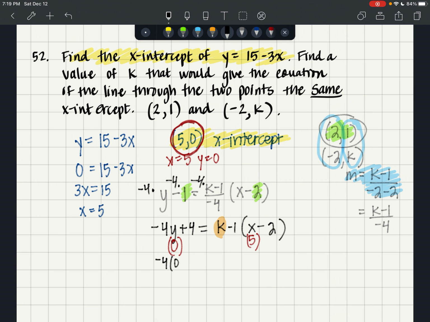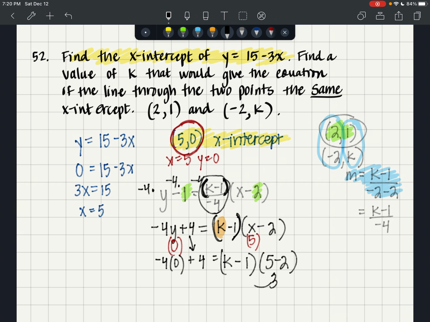So negative 4 times 0 plus 4, right, there's that plus 4, equals k minus 1, all of k minus 1. So it's not just negative 1 times x minus 2, it was all of this times x minus 2. So when the negative 4 went away, k minus 1 is still grouped together, times 5 minus 2.